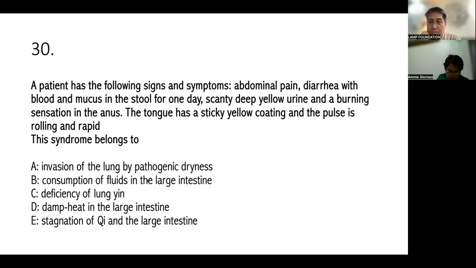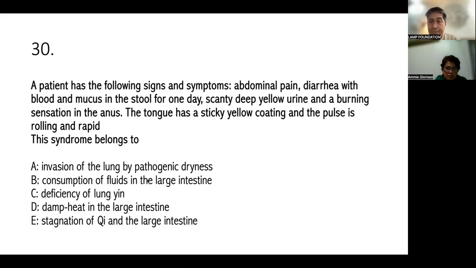Basahin mo mabuti yung symptoms. Yung abdominal pain and diarrhea with blood. The mucus. Mucus in the stool. Blood is heat. Mucus is damp. Okay? What about the tongue? What will tell you that it is damp heat? Sticky yellow coating.